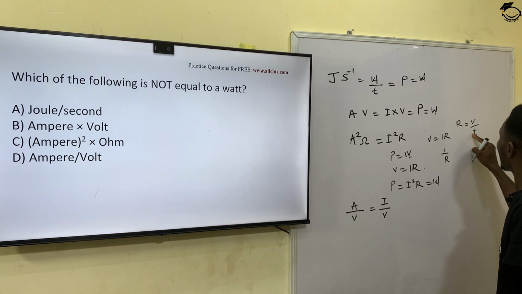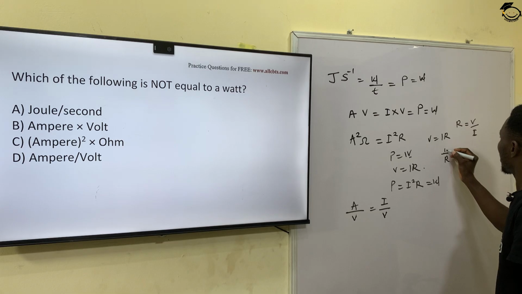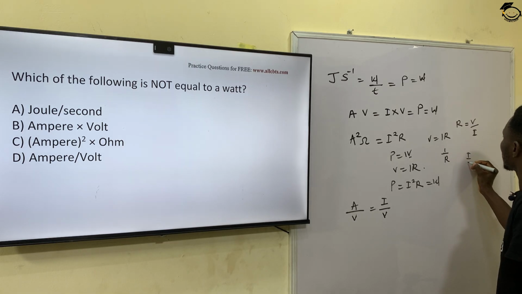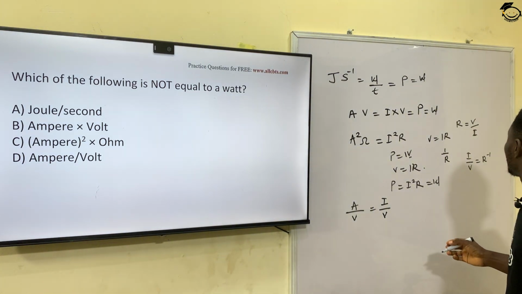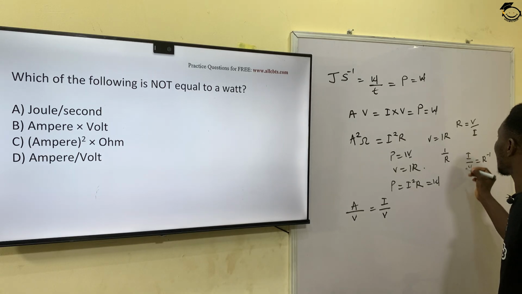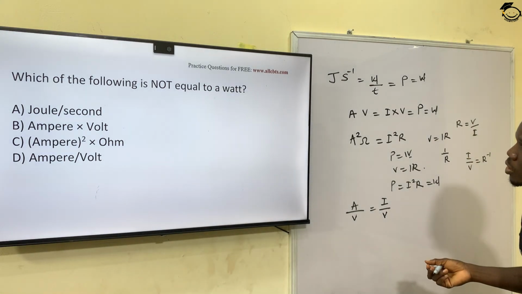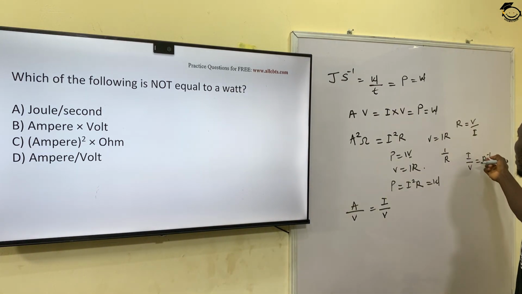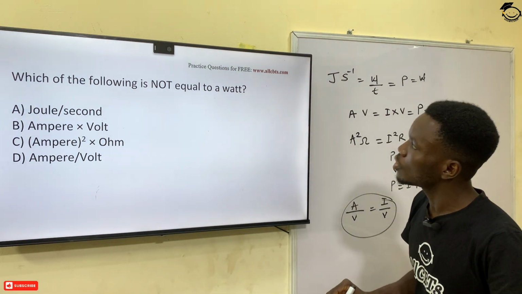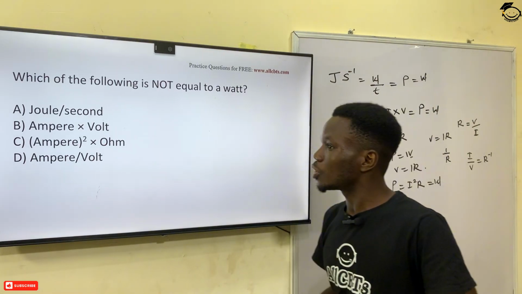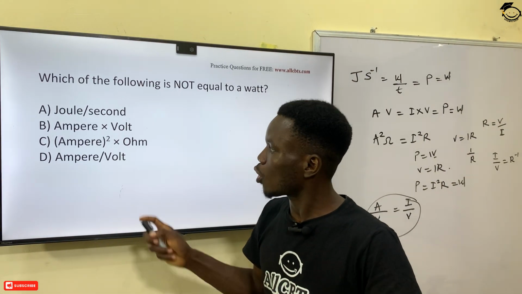So the reciprocal of resistance gives me current over voltage. And we know that the reciprocal of resistance is what? The conductance. So this one is not equal to the unit of power, which is watt. So the correct answer to this question is option D.